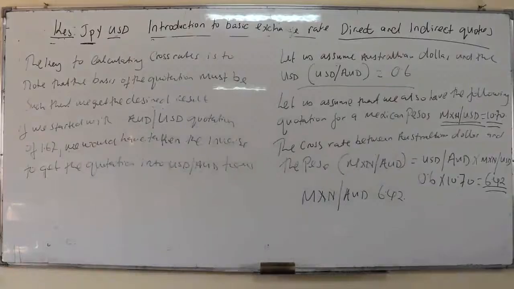So the Australian dollar is much weaker than the US dollar. So if we started with the Australian dollar versus the US dollar quotation of 1.67, we would have taken the inverse to get the quotation in US dollar Australian terms for us to be able to get the Mexican peso.